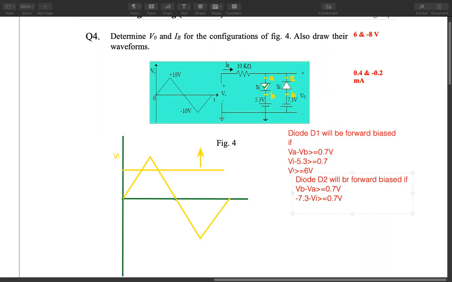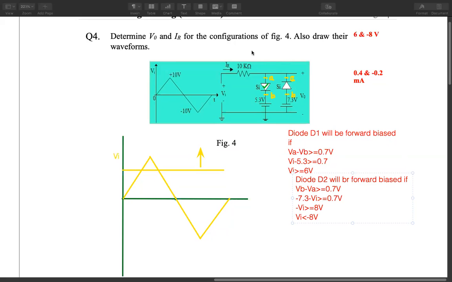So from there we can get the condition as minus of VI should be greater than or equal to 8 volt, or VI should be less than minus 8 volt.